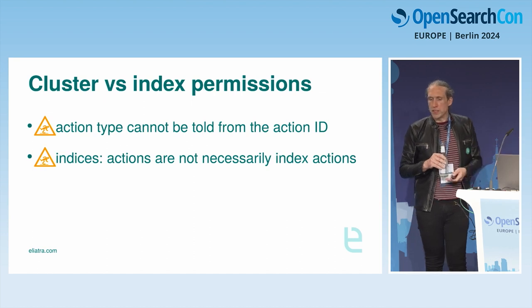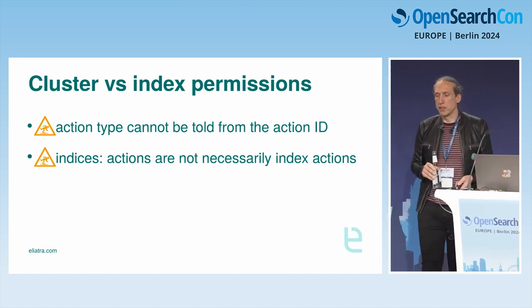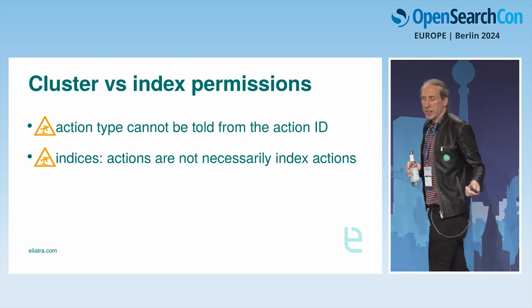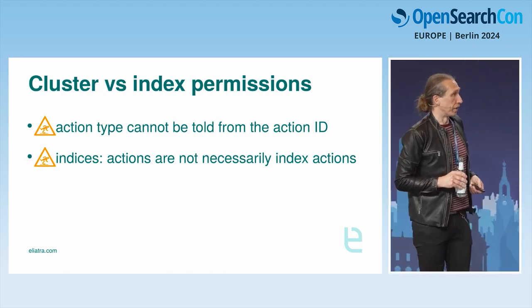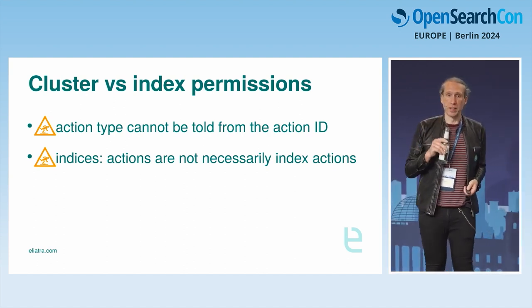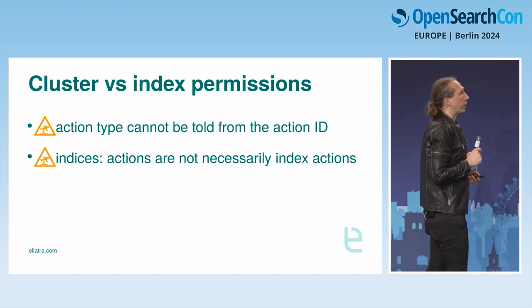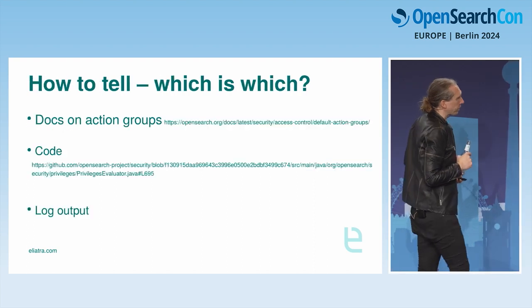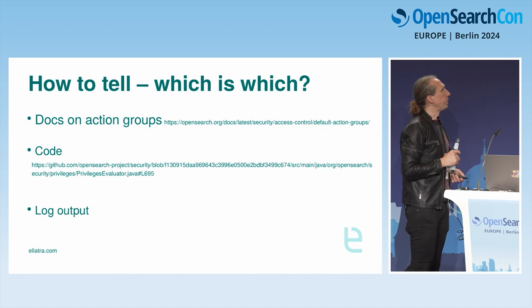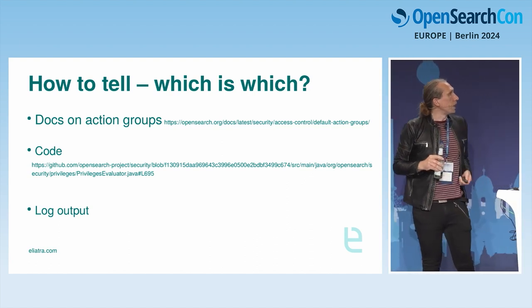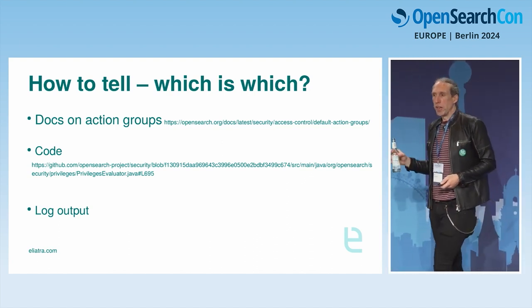As I said before, the action type cannot be told from the action ID, and indices actions are not necessarily index actions. This is important to keep in mind when configuring authorization. How to tell which is which? Either you just check the docs for the action groups.